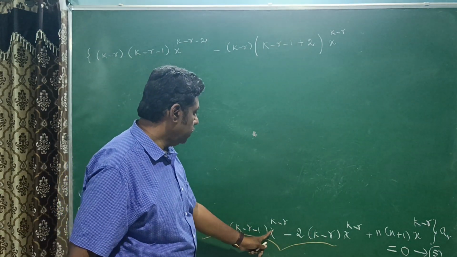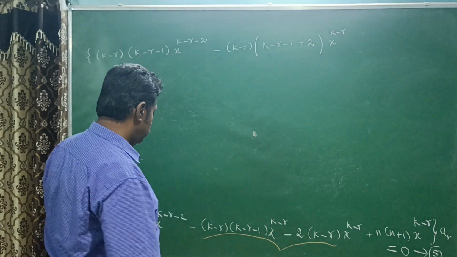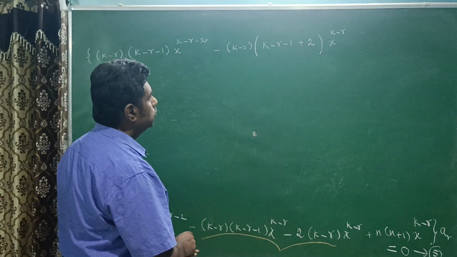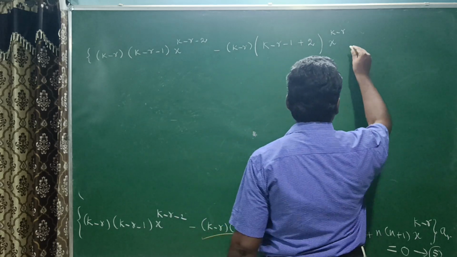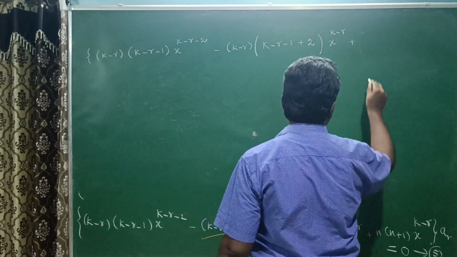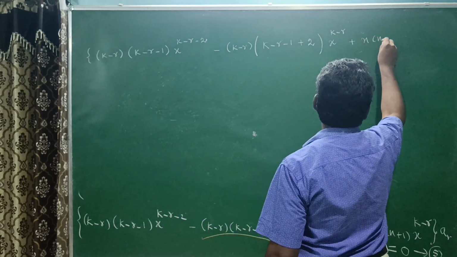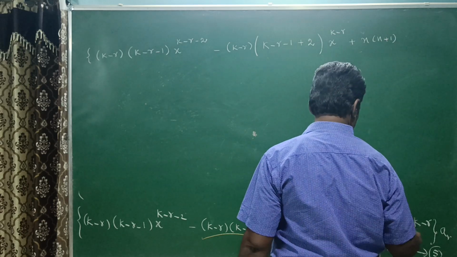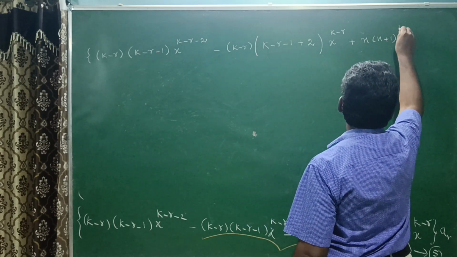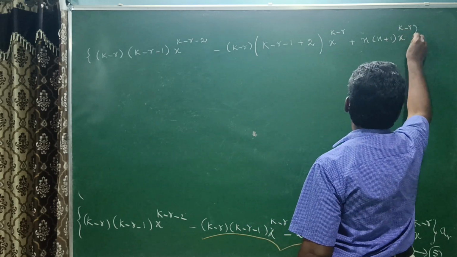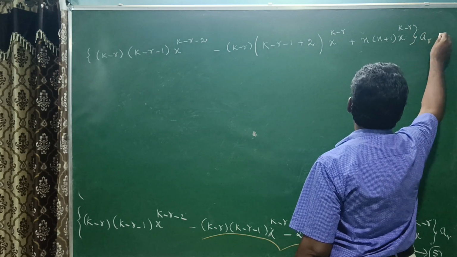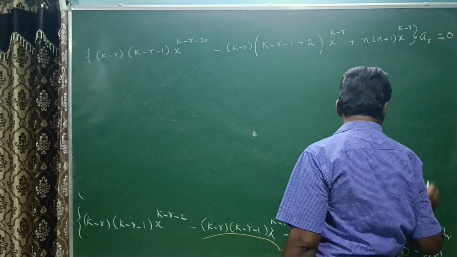Entire is multiplied by x power k minus r. Just we have combined these two terms. Plus n into (n plus 1) x power k minus r, entire is multiplied by ar is equal to 0.